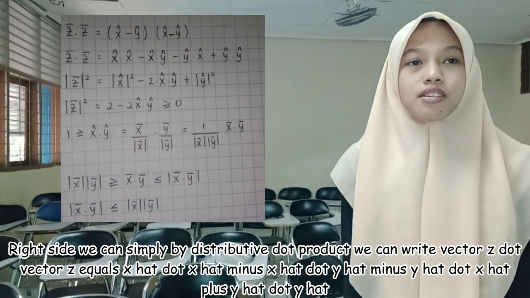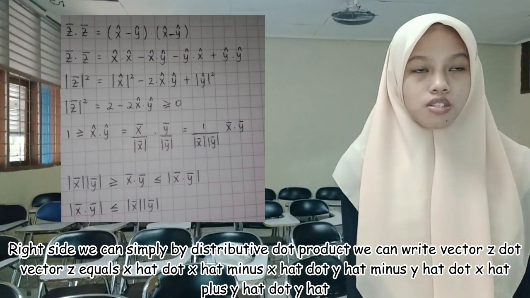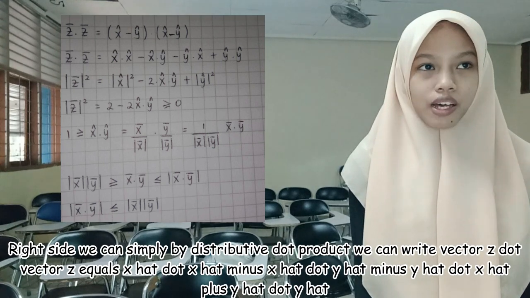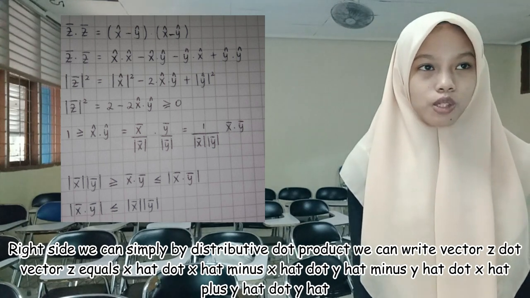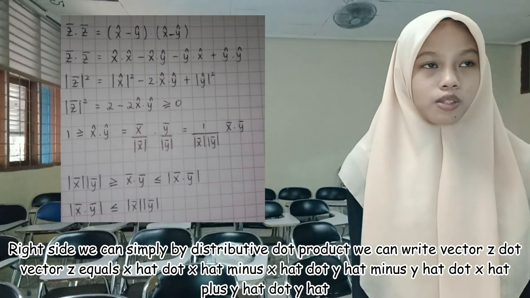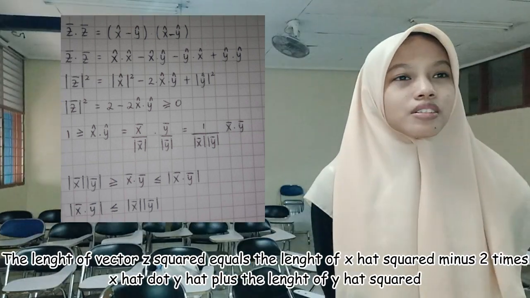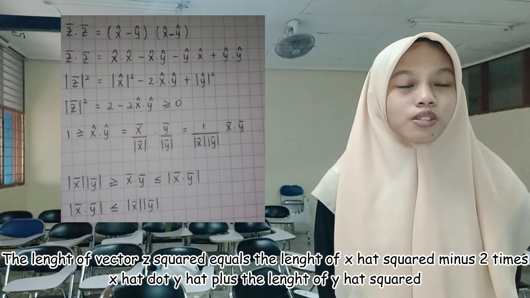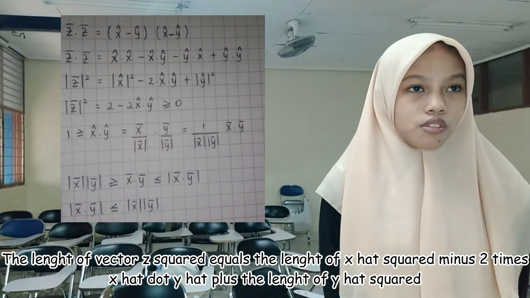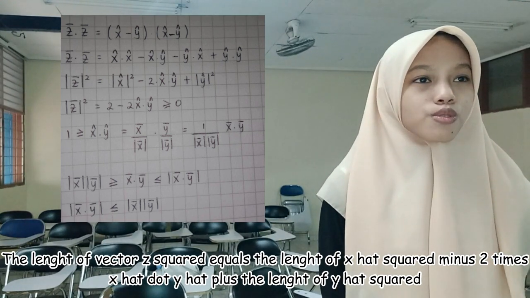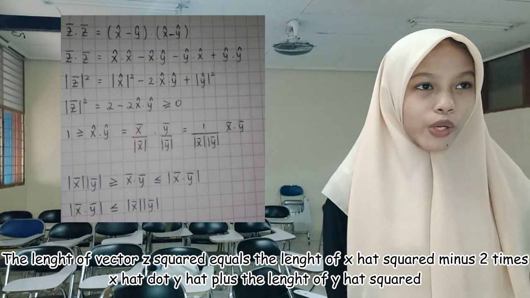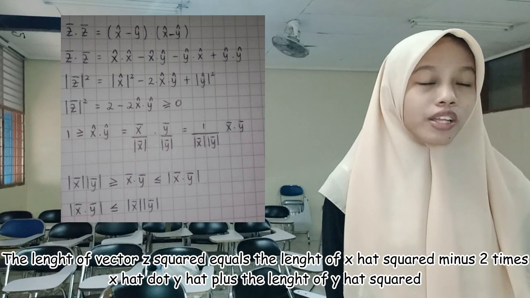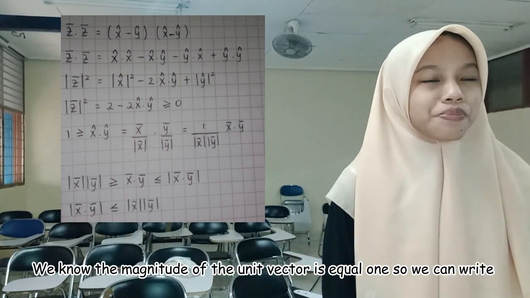We can write z dot z equals x hat dot x hat minus x hat dot y hat minus y hat dot x hat plus y hat dot y hat. The length of vector z squared equals the length of x hat squared minus 2 times x hat dot y hat plus the length of y hat squared.